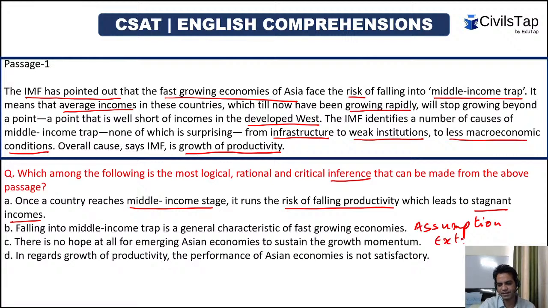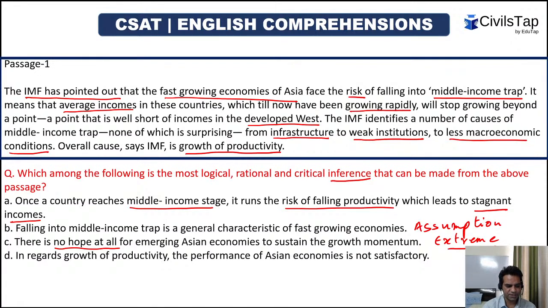Whenever you find an option which leads to extremity, like no hope at all, is it anywhere given in the passage? So guys, always remember to eliminate your extreme options. Unless it is specifically mentioned in the passage, you cannot take that option as an answer.